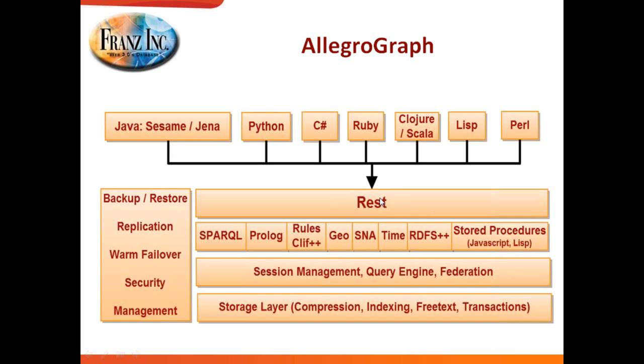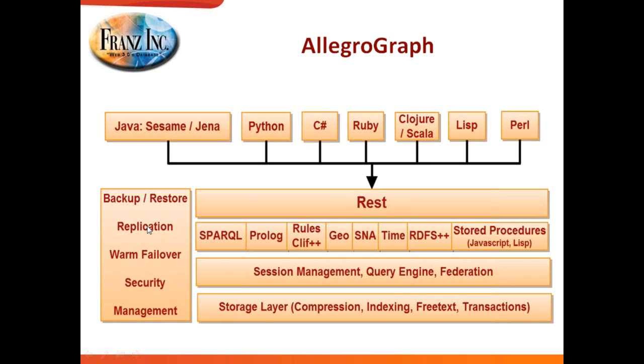And then on top of that, we have a REST interface, so that we have a whole bunch of languages that can talk to the database. As a company, we maintain a Java interface, both a Sesame and a Jena interface, and a Python interface. And then our customers have written language bindings for a whole range of other languages. And in addition to this, this is an enterprise database, so we do backup and restore and point-in-time recovery.